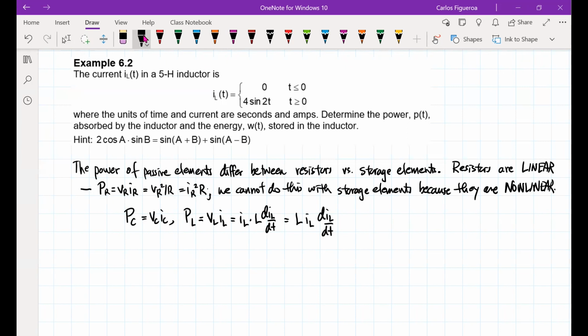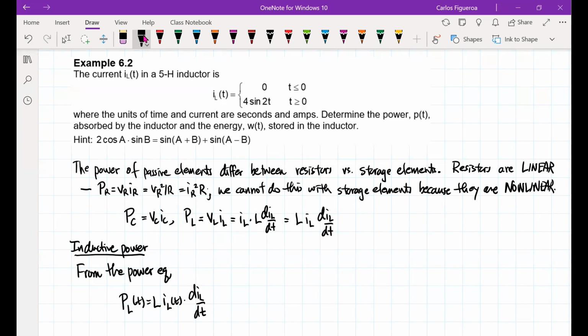So now let's look at the inductive power, which is what we want to calculate. From the power equation, we know that the power of the inductor as a function of time is going to be L times i_L(t) times the derivative of i.